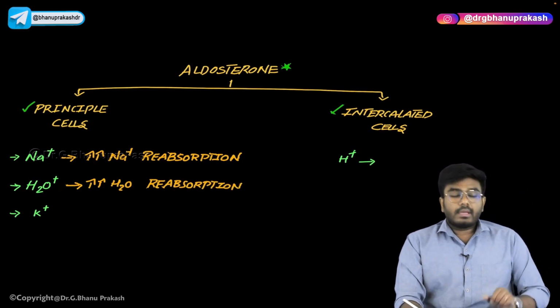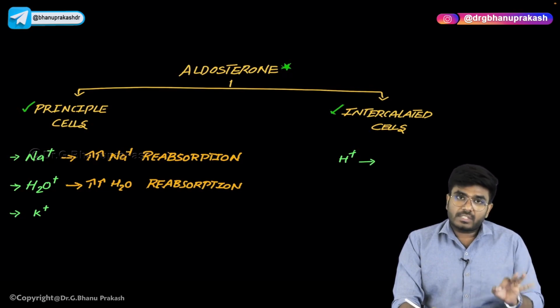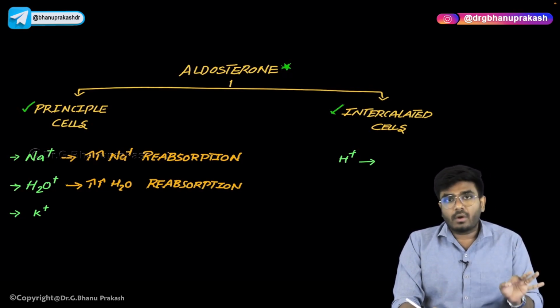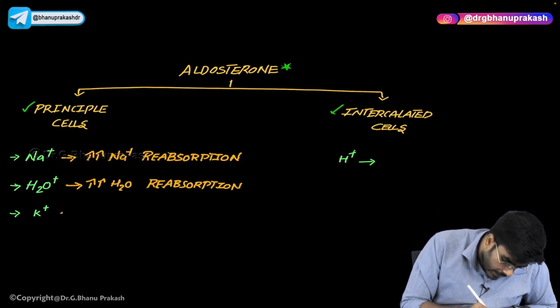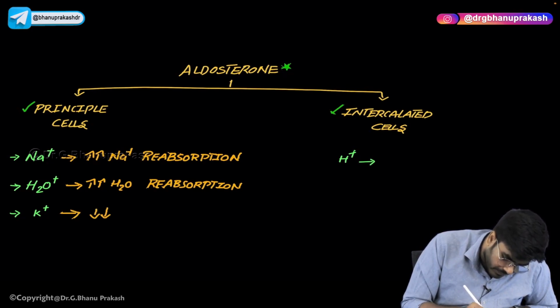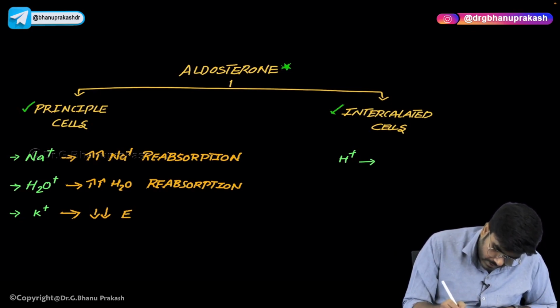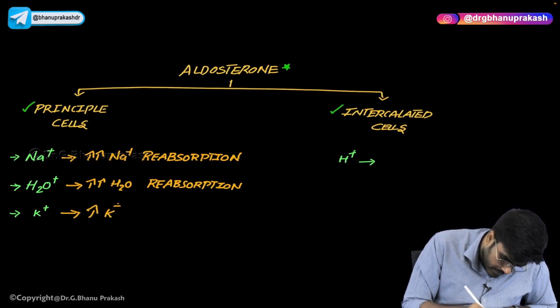Now, the same aldosterone, if it acts on the principal cells, helps in sodium reabsorption, water reabsorption, but helps in potassium excretion. It decreases the blood levels of potassium, or I should say increases potassium excretion, not reabsorption.